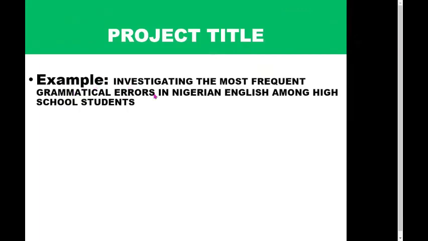For example, investigating the most frequent grammatical errors in Nigerian English among high school students. This is a good project title for English majors, for students who have been studying English as a major course of study at university, and they want to write a project at the end of their program.